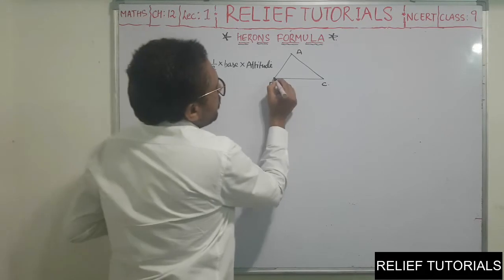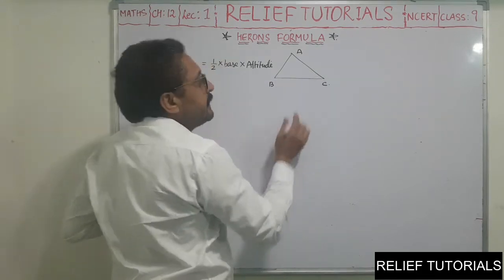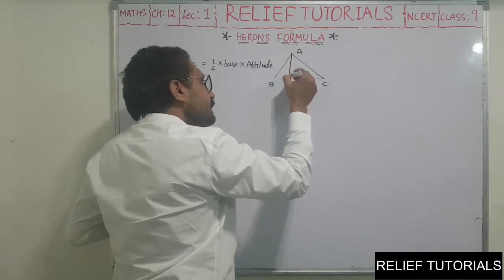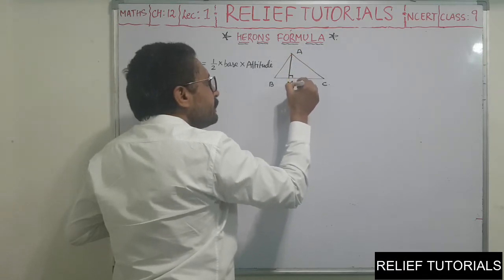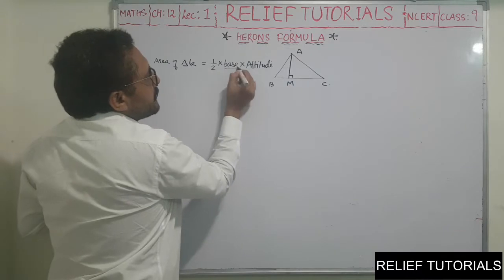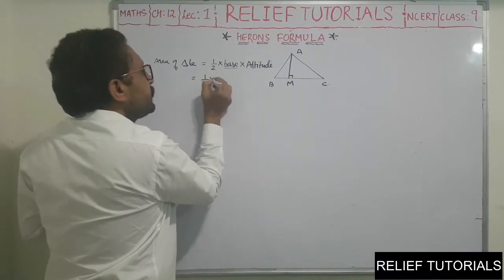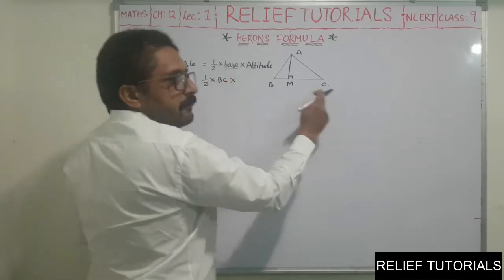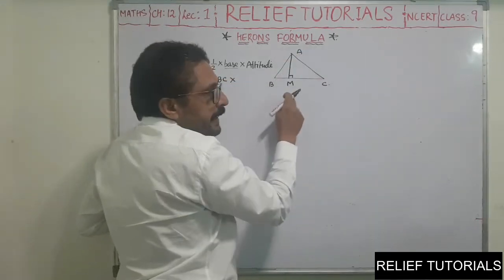So here, if you consider this BC as a base, and I have drawn an altitude from vertex A on BC, suppose this is M. So the area is half into base, here base is BC, and the corresponding altitude of base BC is AM.